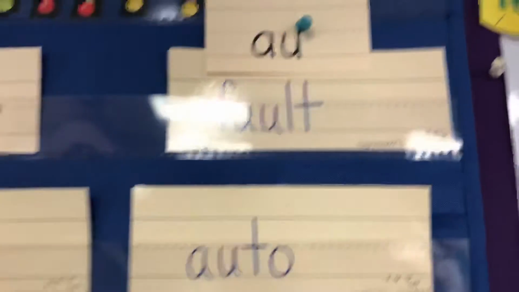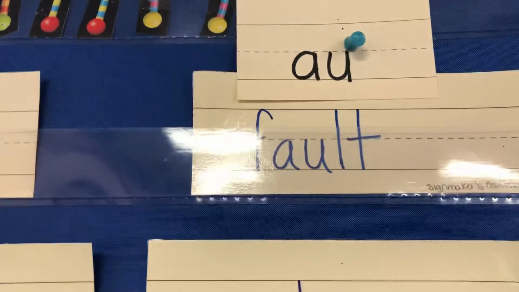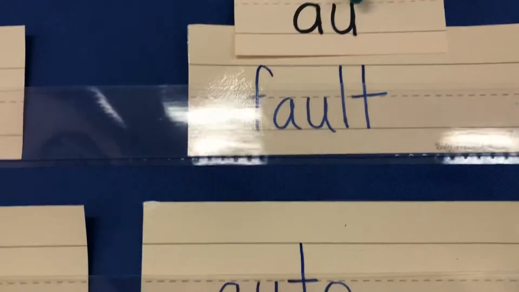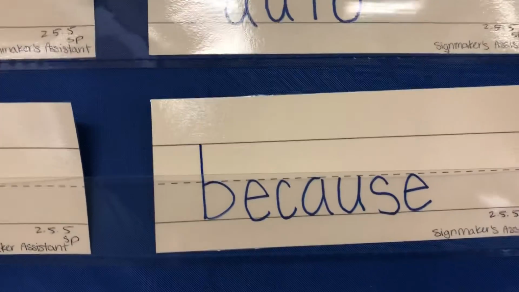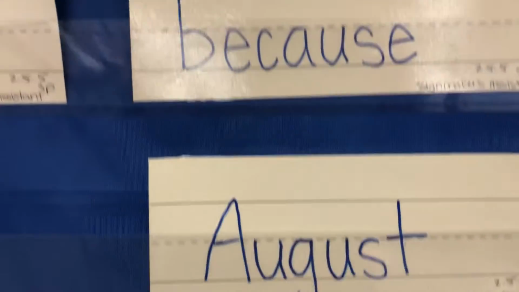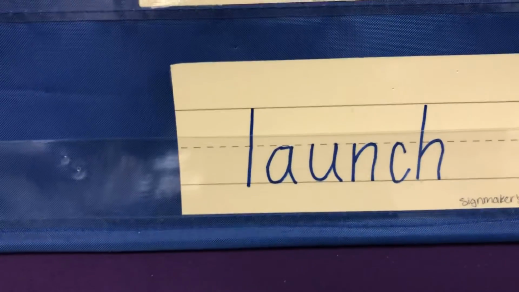So we have the AU. So boys and girls, how many AU words do we have? Can you say them to me? Fault, auto, because, August, and launch. So we have 5 with the AU spelling. 2 with AW.